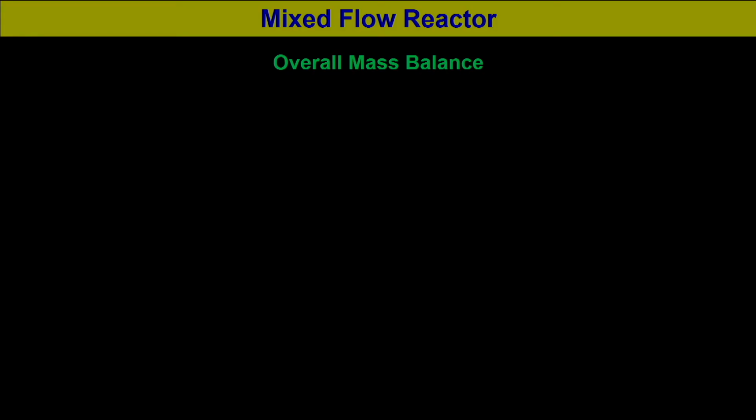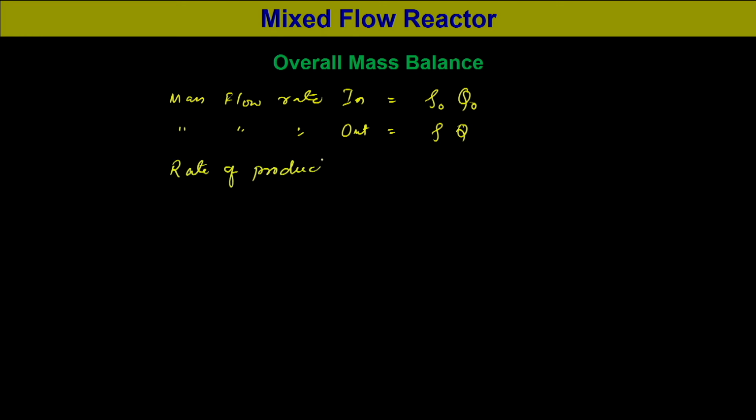So, if we consider CSTR, the mass flow rate into the reactor is rho naught Q naught, mass flow rate out is rho Q, and the rate of production of mass within the reactor is equal to 0.